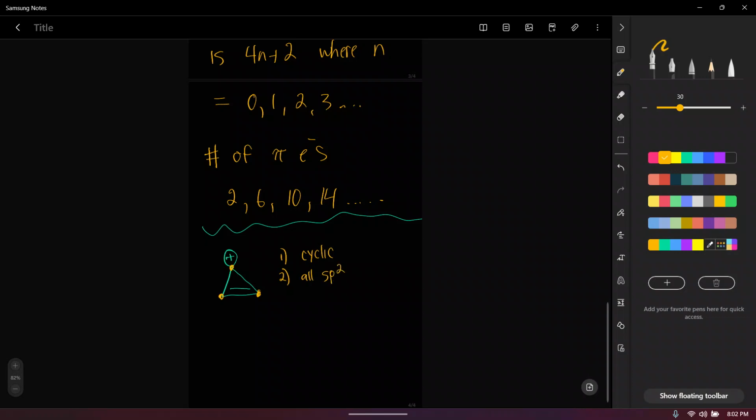And the total number of pi electrons, the double bond has 2 electrons, and the carbocation has 0. Okay, so just to clarify, if you see a carbocation, that counts as 0 pi electrons. If you see a pi bond, that counts as 2 pi electrons.